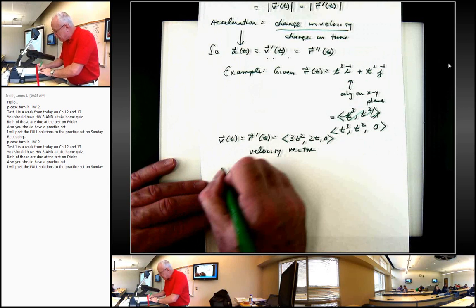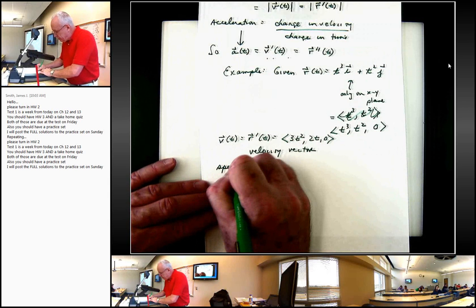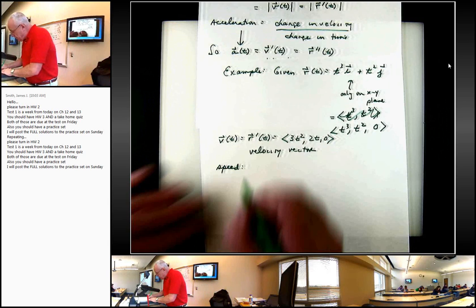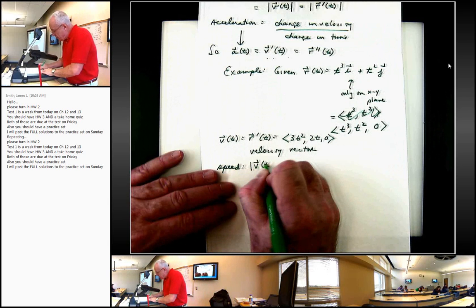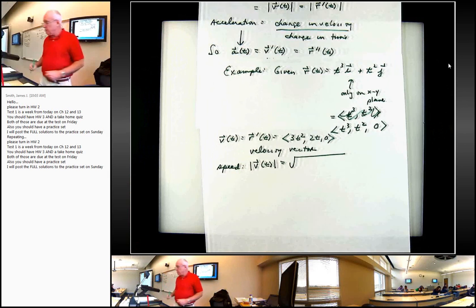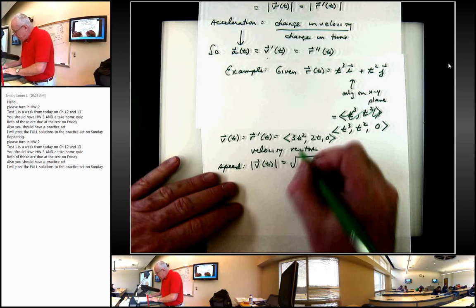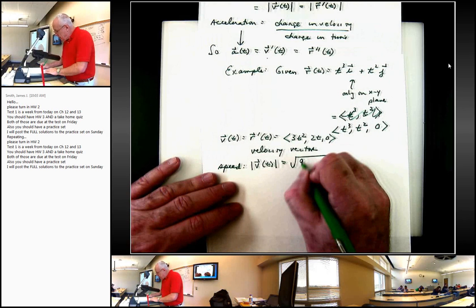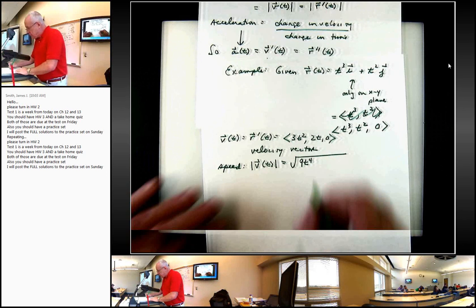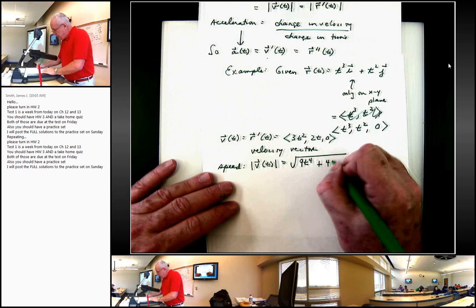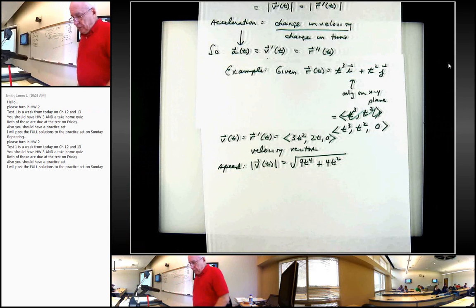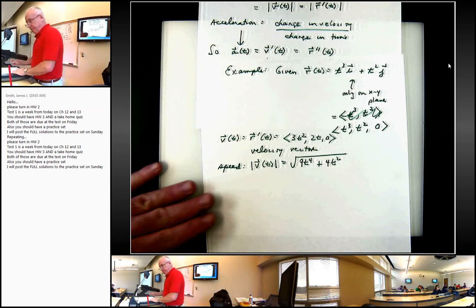And then let's find what's the speed. The speed is the magnitude of the velocity vector. So that's going to be the square root of the square of the components. That's going to be 9t to the 4th, plus 2 squared is 4t squared. The 0 is just 0. So this is our speed.